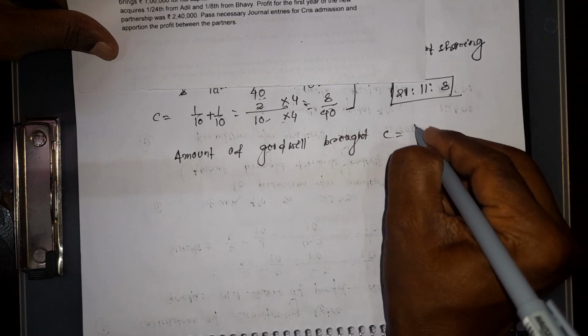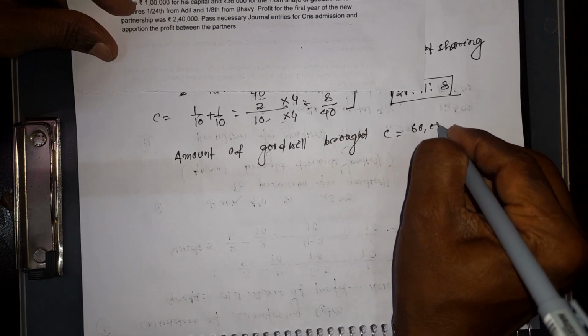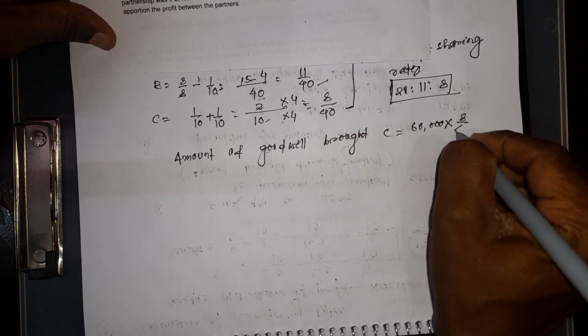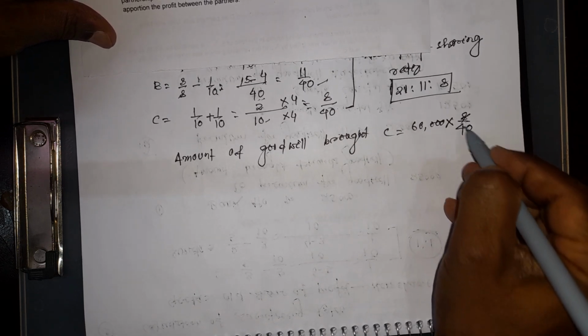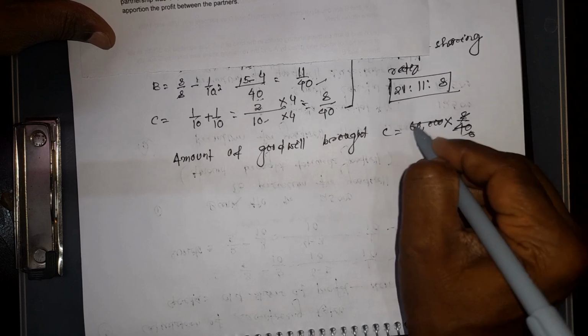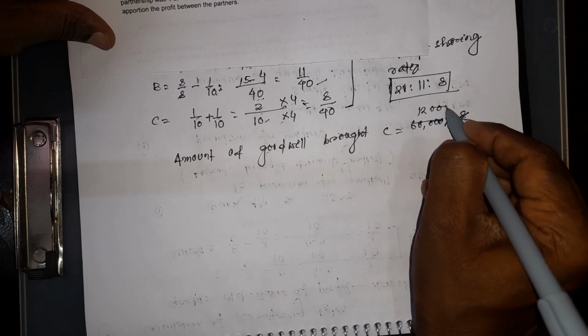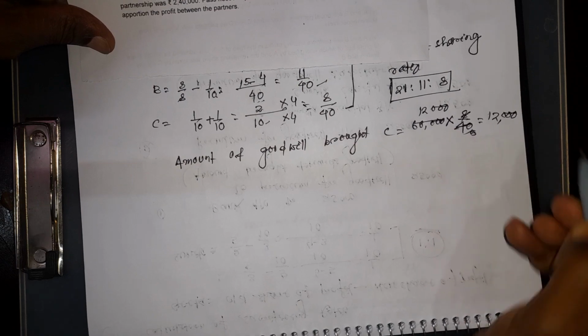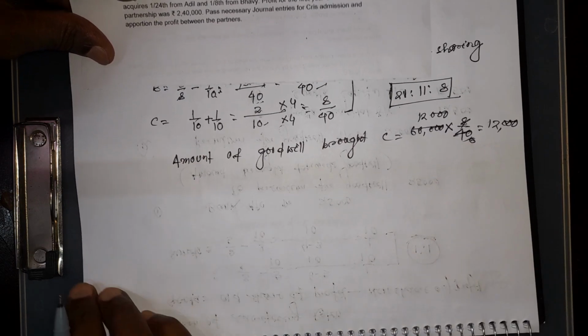The total goodwill of the firm was 60,000 into his share, that is 8/40. Or we can write it, 60,000 divided by 5, so it will be 12,000. So for goodwill he brought 12,000, and for capital he brought 40,000.